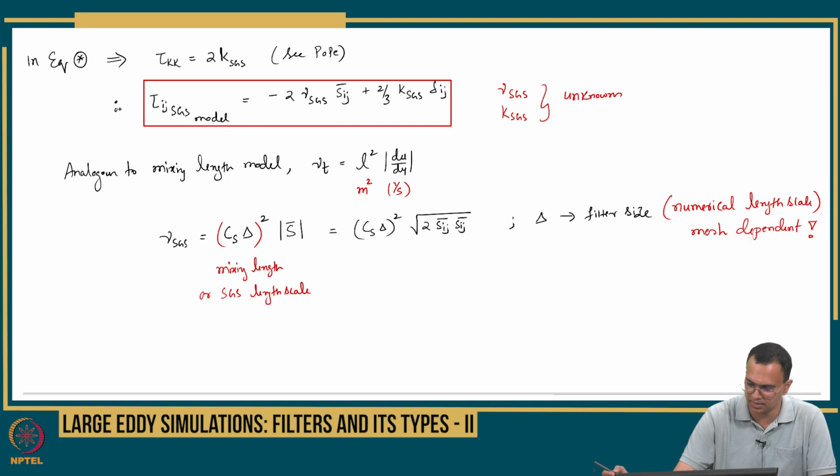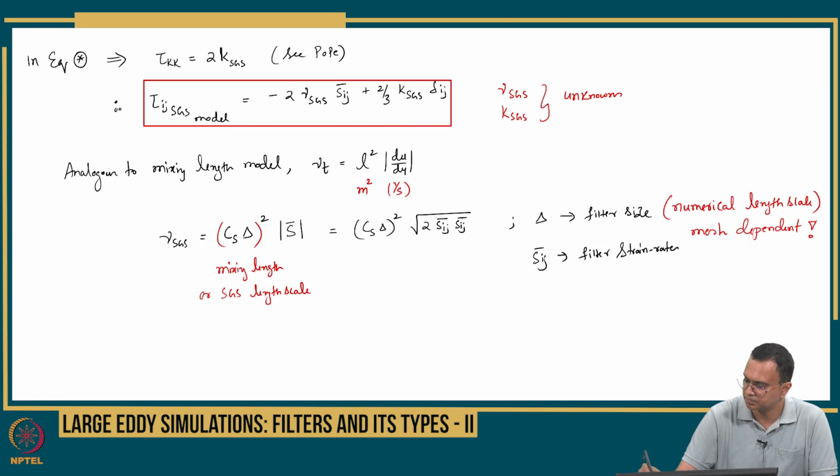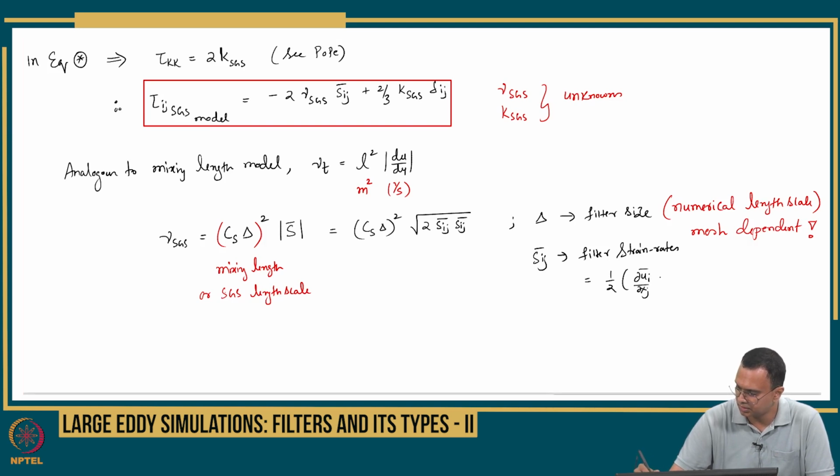A numerical length scale has been put, delta, and Sij is, as I already told you, the filtered strain rate. Okay, that we already know what it is. It has to be half of your dou ui by dou xj filter plus dou uj by dou xi.